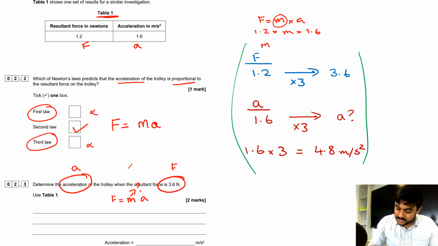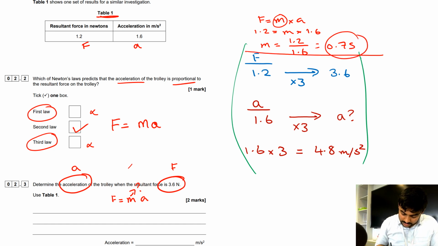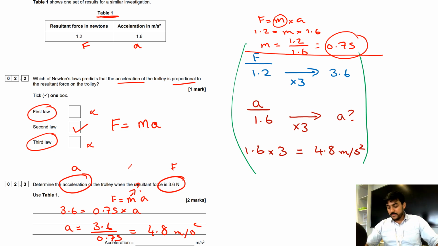And therefore mass is equal to 1.2 divided by 1.6, which is 0.75. And then use that 0.75 here. 3.6 is equal to 0.75 times acceleration. Therefore acceleration is equal to 3.6 divided by 0.75, which happens to be 4.8 meters per second squared. I've used both methods. Same answer.